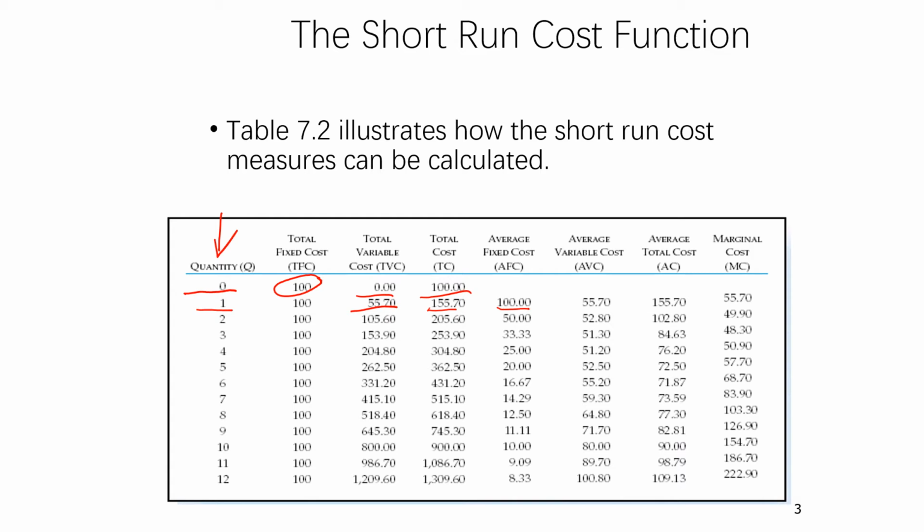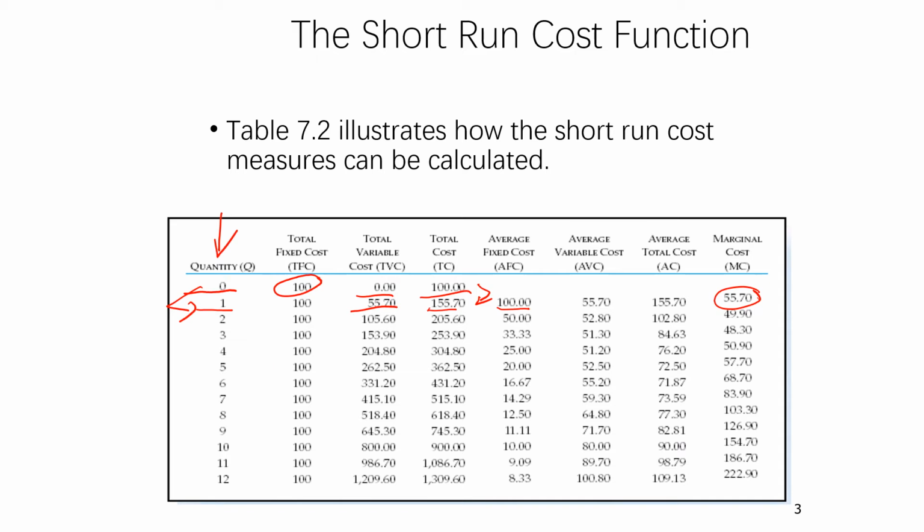So we can work out the total fixed cost and get the average fixed cost, which is total fixed cost 100 divided by 1. Okay, average variable cost is 55.7 divided by 1. Average total cost is 155.7 divided by 1. And marginal cost: we go from 0 to 1, the total cost increased from 100 to 155.7.